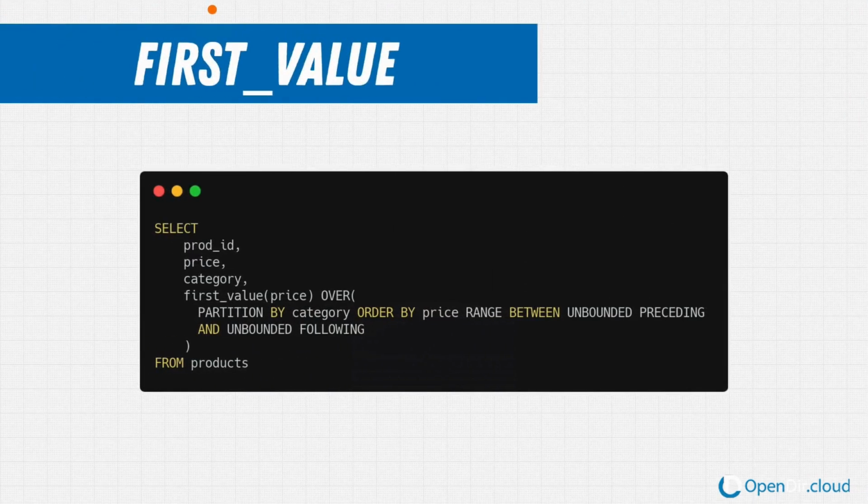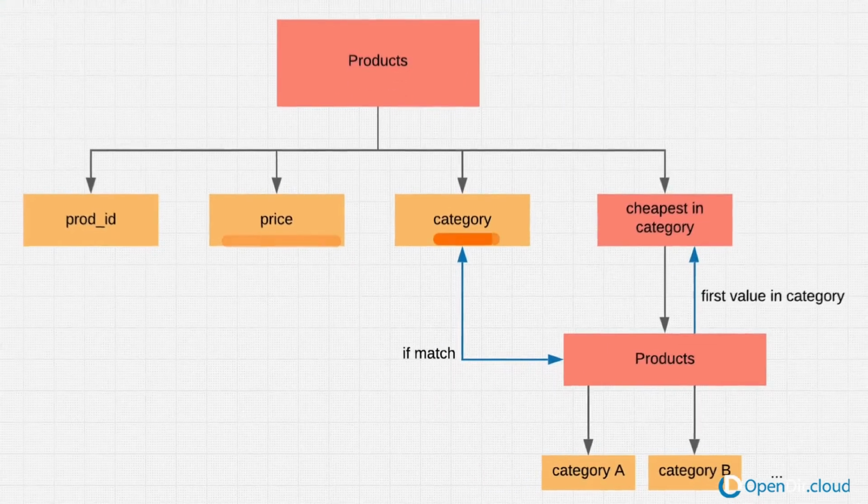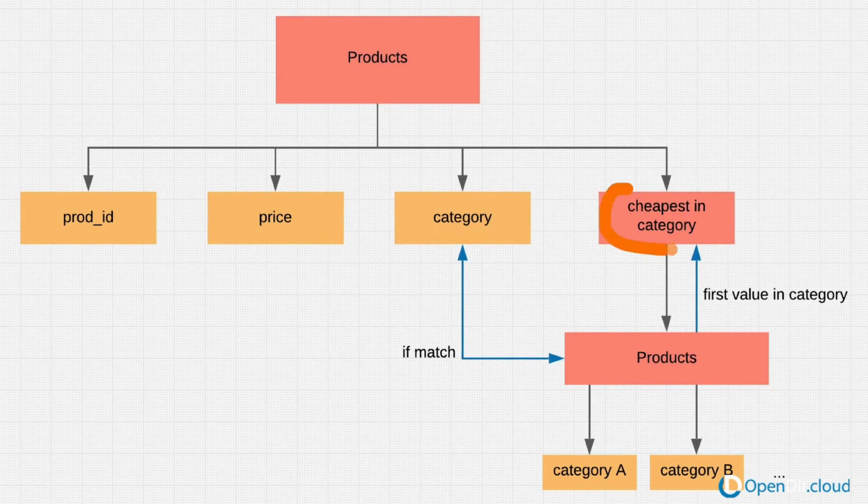So you may be asking yourself, well, how does that work? So let's take a look at that. Well, if we grabbed products, and then we said we're grabbing the product ID, the price, and the category. Well, if we grab our window function and we said, hey, I want to know the cheapest in the category. So let me grab the window of data that we just had. And if I grab that window of data, well, let me go and sort them by category.